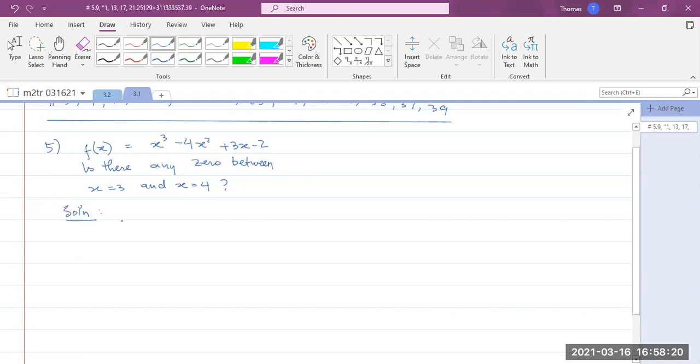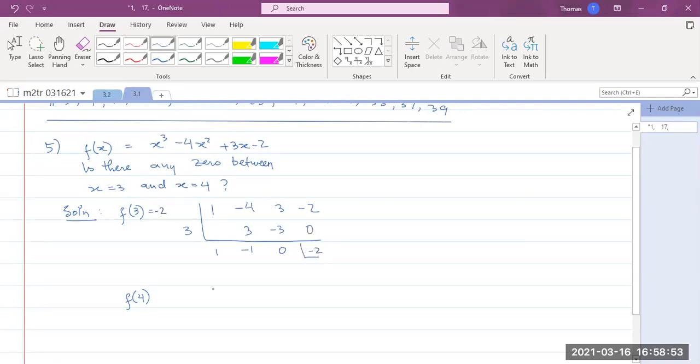Okay, we will need to find what is f(3), and we need to find what is f(4). Now to find f(3), one thing you can do, you plug in 3 into that function, or you can use synthetic division. 1, -4, 3, -2, this is 3. So f(3) is -2.